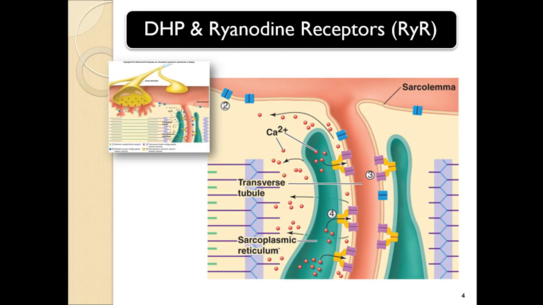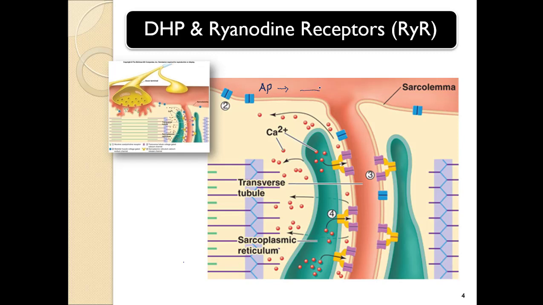Imagine here that there's an action potential moving along the cell surface. This action potential was of course started at the neuromuscular junction, and so this is the request for a contraction of the muscle.